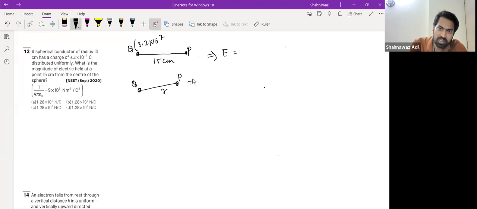So what is the magnitude of the electric field due to a point charge? KQ by R squared, right. Due to a point charge, this is KQ by R square.